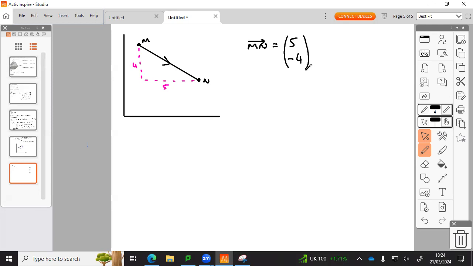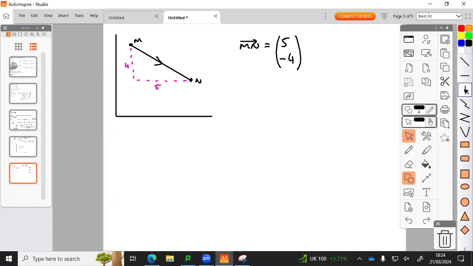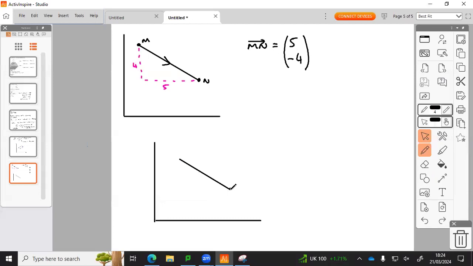Okay. If I do it slightly differently, you can see that direction matters when I'm describing the component form. So this time I'm going to describe PQ. All right, PQ. It's my start, my finish.